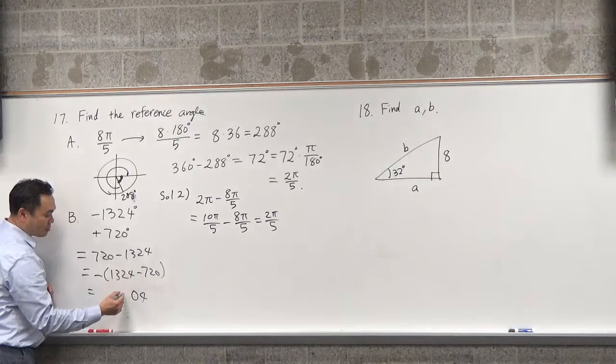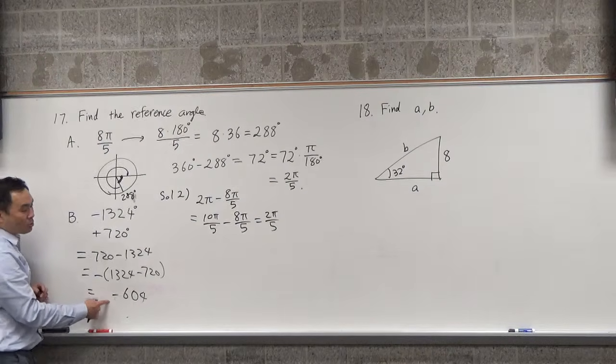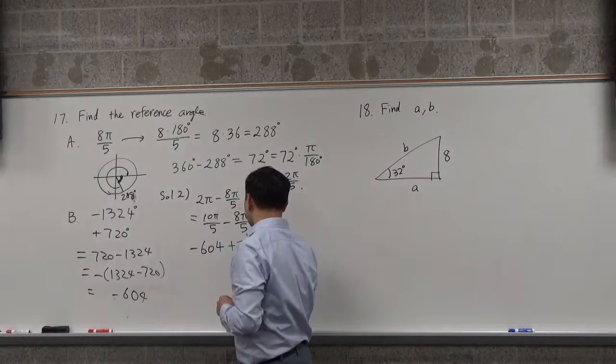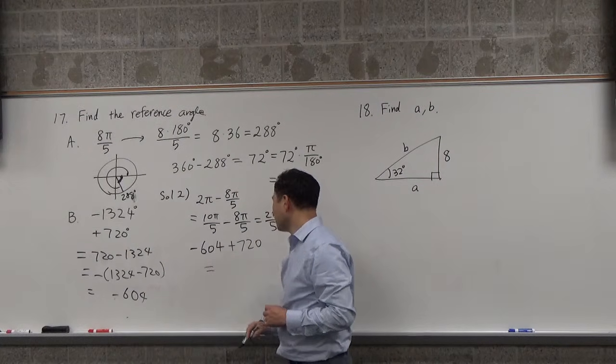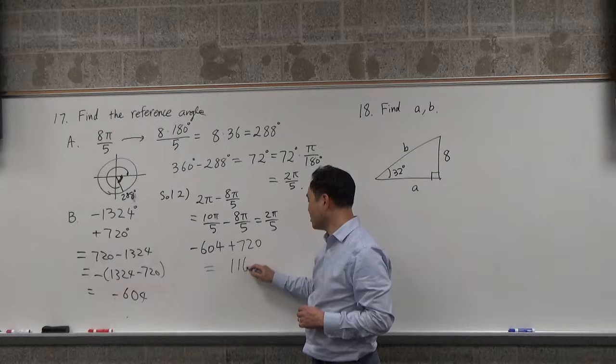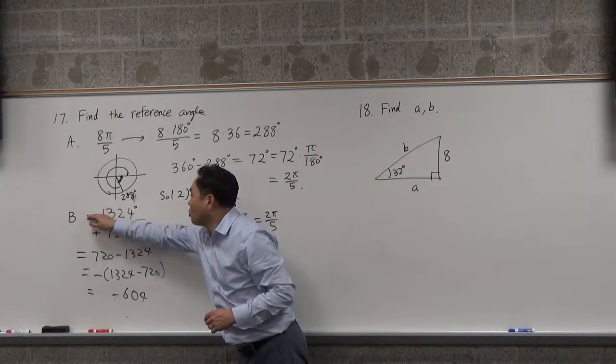So 13 minus 7 is 6, so I have negative 604. Oh, that means I can add another 720. So let's add negative 604 plus 720, which is, what's that? 116? Yeah, 116 degrees. Okay, so this is coterminal with this.